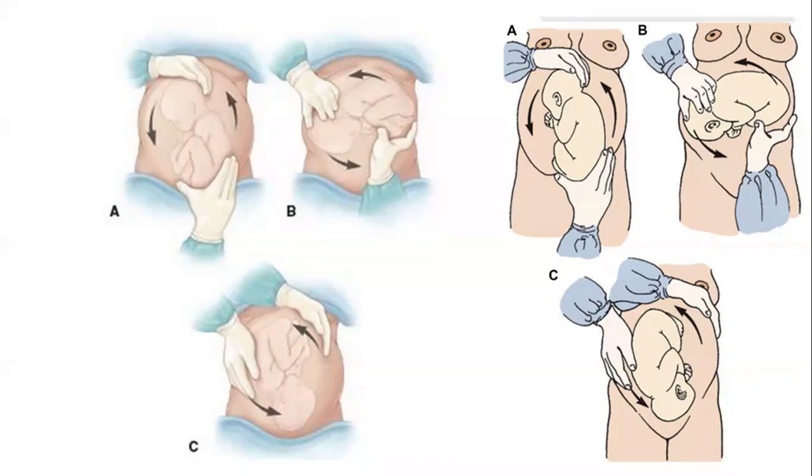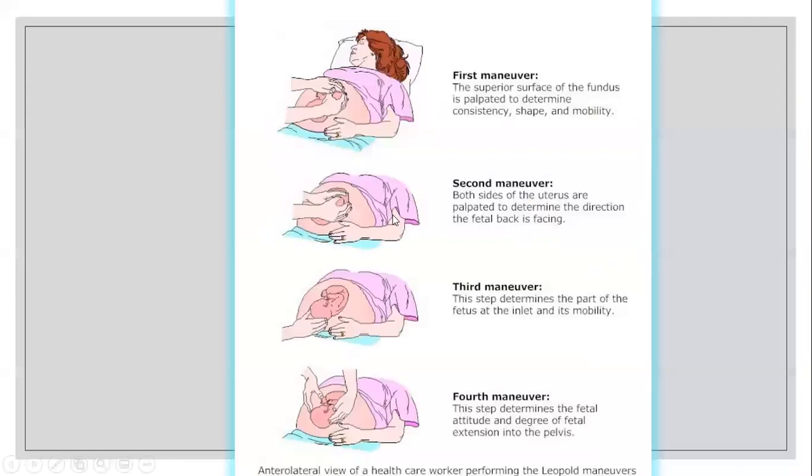the upper surface of the fetus is palpated to determine the consistency, shape, and mobility. In the second maneuver, both sides of the fetus are palpated. You see both sides, to determine the direction the fetal back is facing.